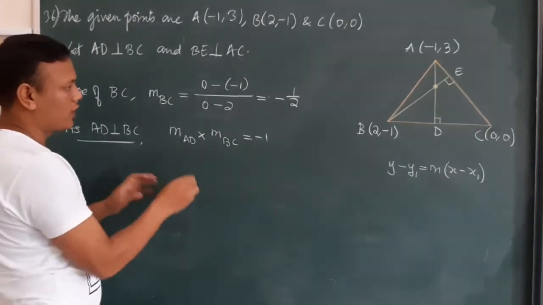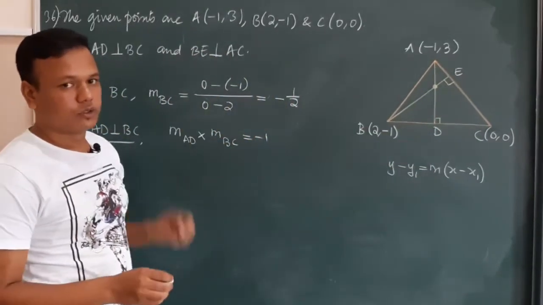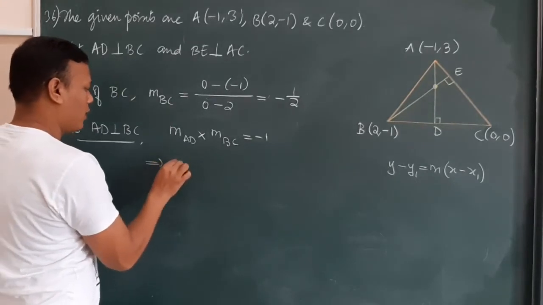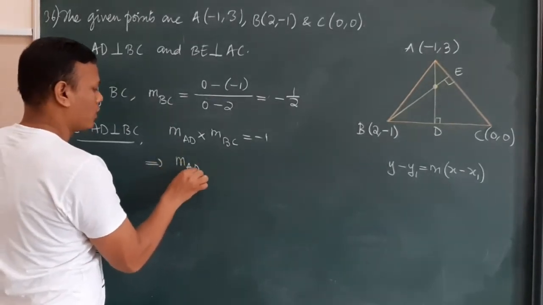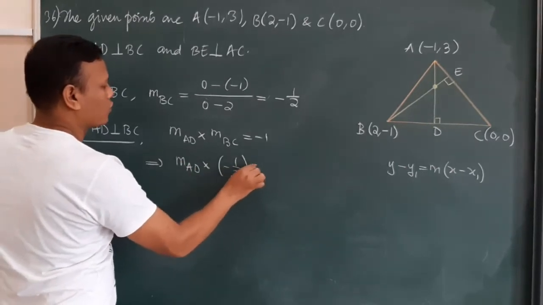From here we will find the slope of AD, and after that the equation of AD. We have m of AD, which we don't know, into m of BC, which is minus half, equals minus 1.